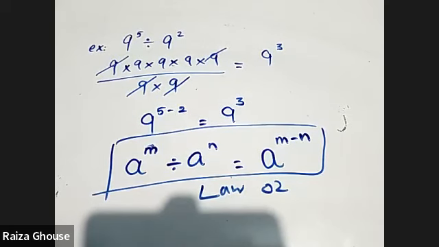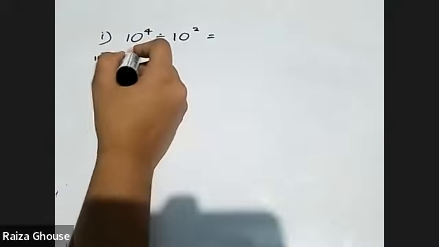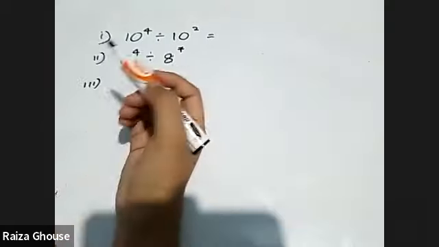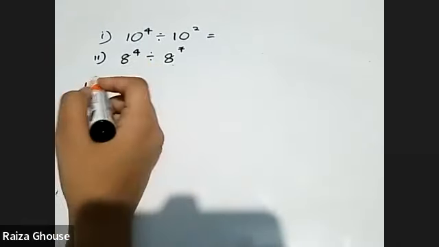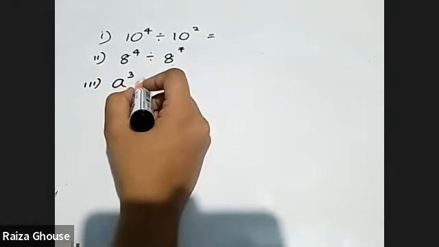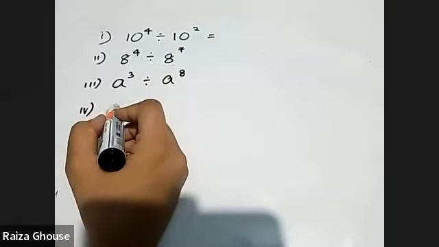Okay, have you finished? Shall we go to the questions? Okay, Miss. Right, now copy down the questions. Roman number 1. Let's take 10 to the power 4 divided by 10 to the power 2. Write the final answer. You can get negative answers also. Right, you can write even fractional answers.